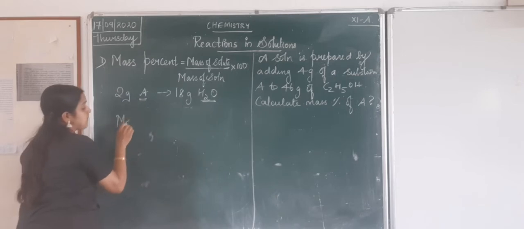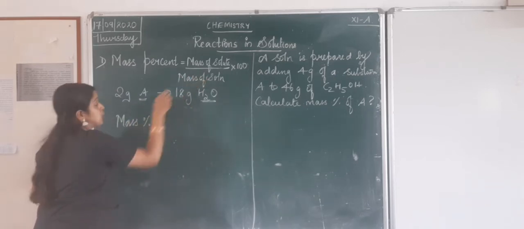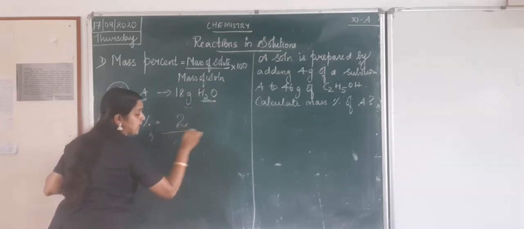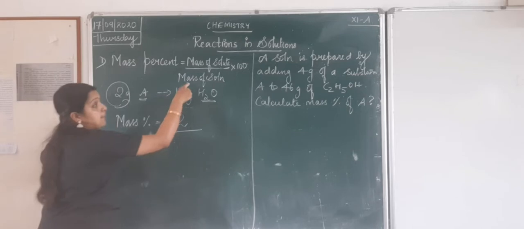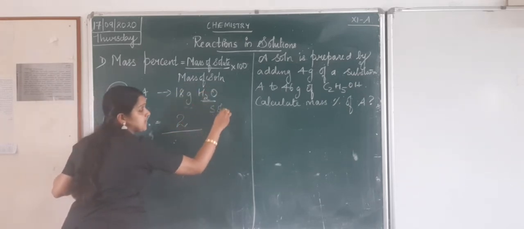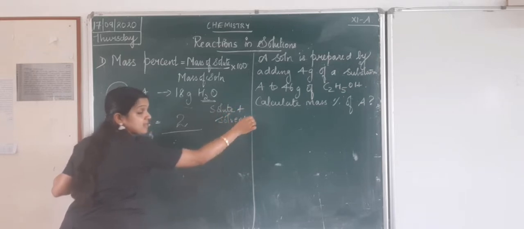So what is my mass percent? Mass percent will be the mass of the solute, which is 2 grams, so I put 2 in the numerator, divided by the mass of the solution. What is a solution? A solution is solute plus solvent together, right?